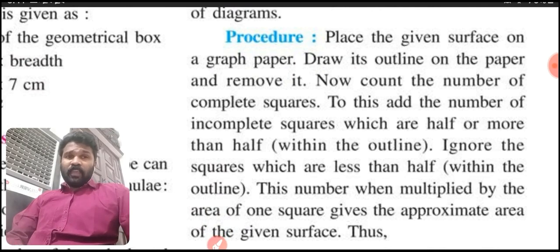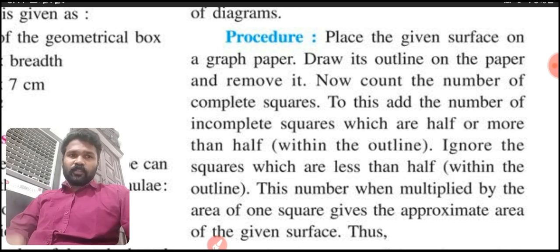First of all, place the given surface on a graph paper. Draw its outline on the paper and remove it. Now count the number of complete squares.